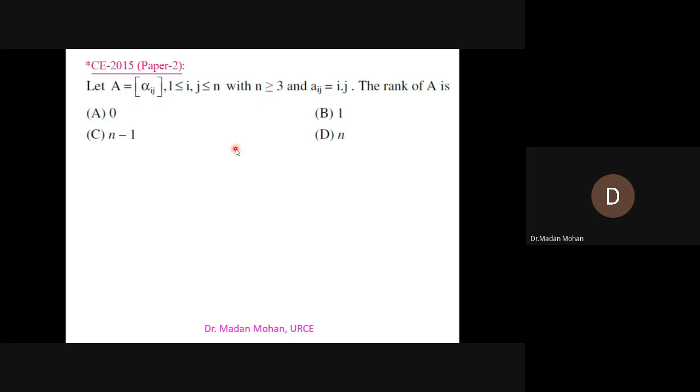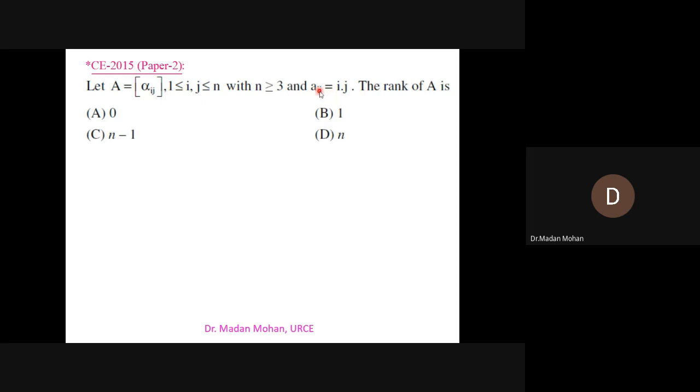The problem is given in notation. Whenever a problem is given in notation, it becomes easy with examples. So to answer this question, the entries are I into J. I stands for row, J stands for column.